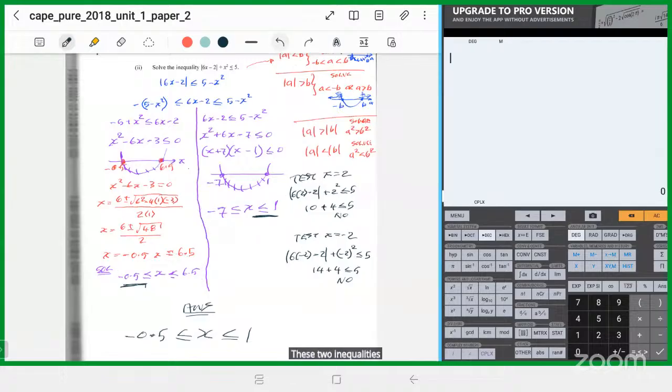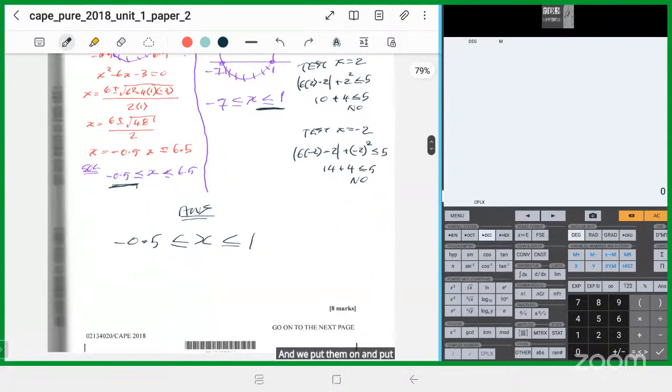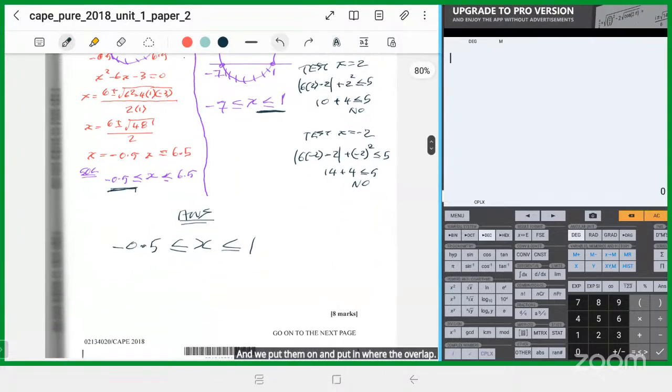Alright. Another thing you could have done is draw the region and see where these two inequalities overlap. If you put them on a number line, you go like this: 0, 1, minus 1, minus 2, minus 3.